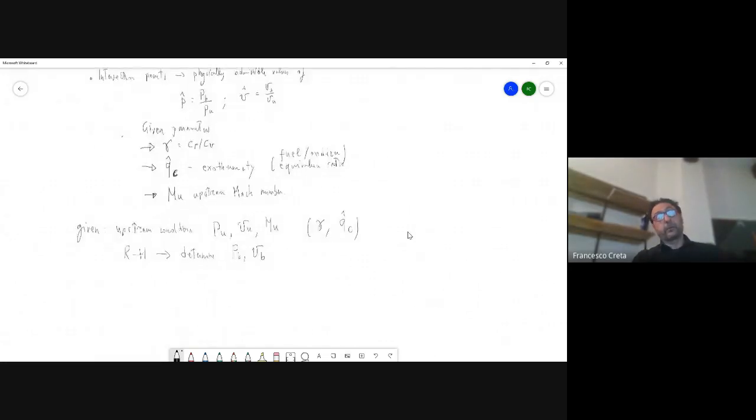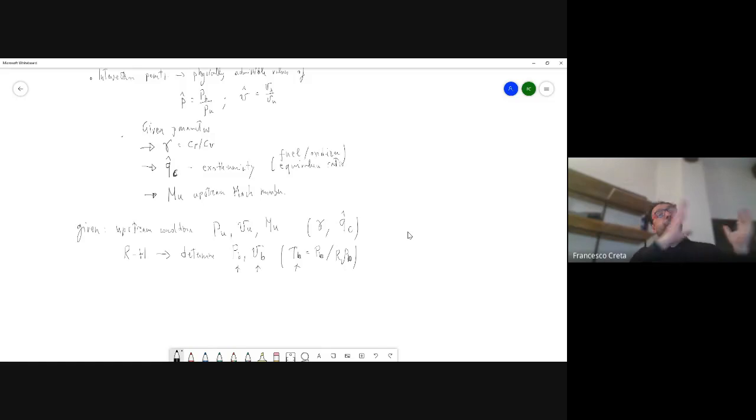So I'll write it here: actually PB is divided by R and then rho B, sorry. So I'll derive essentially pressure, density, and temperature downstream, which is clearly not a little thing.